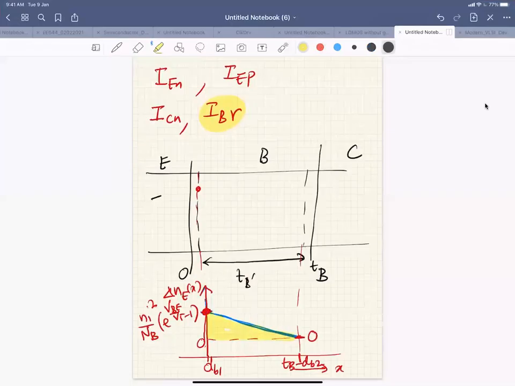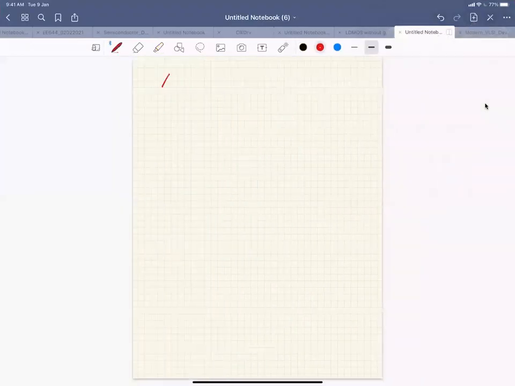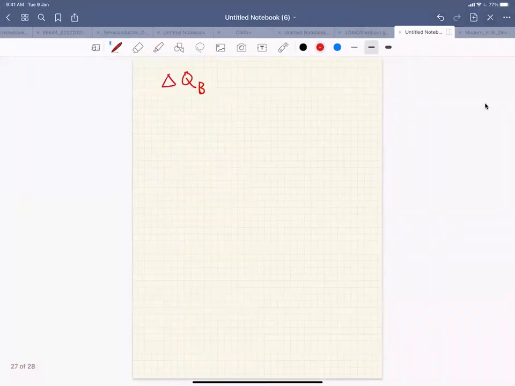The area under this curve is nothing but the total excess carriers in the base, so this is the total excess charge in the base, delta QB.